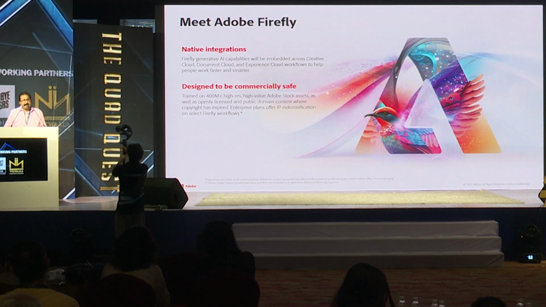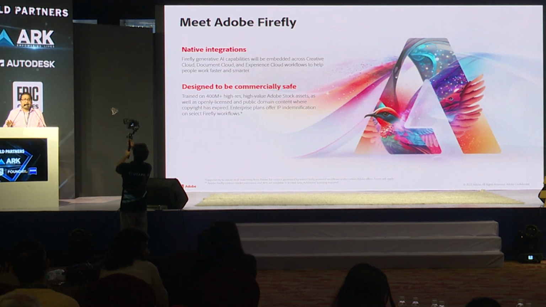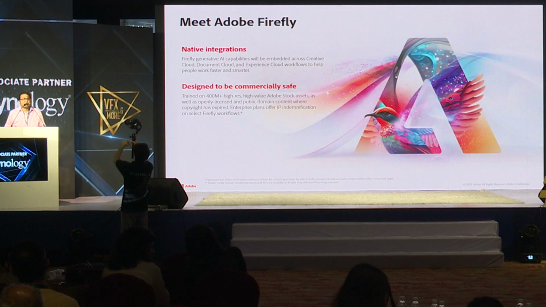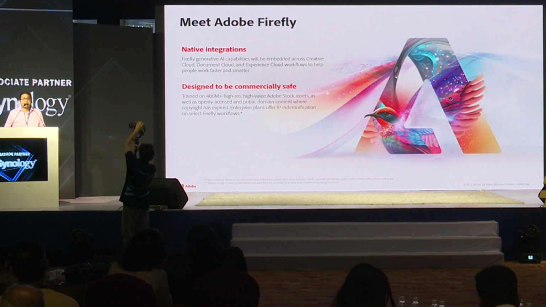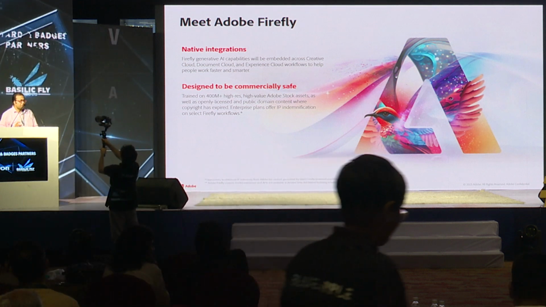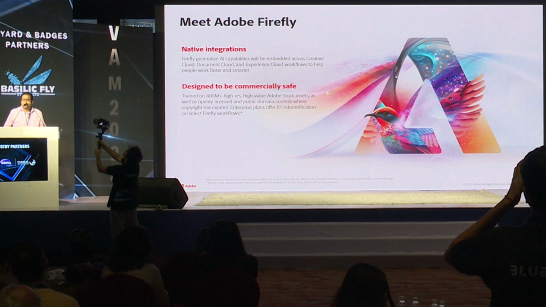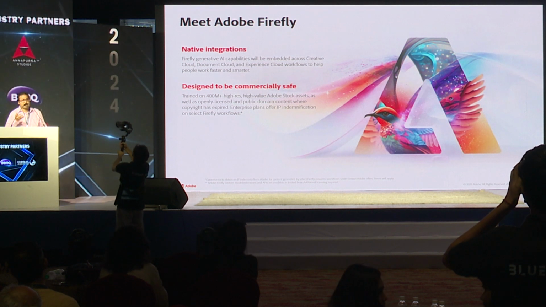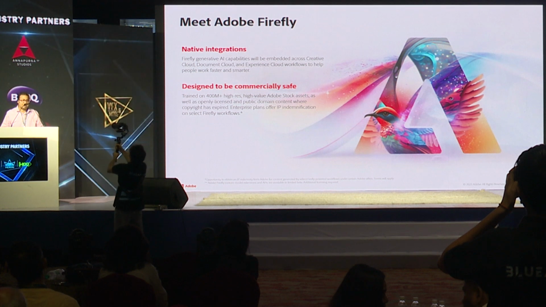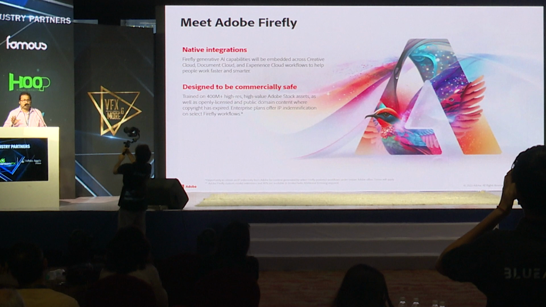So Firefly, unlike all the other generative AI technologies, the Firefly AI model is not trained on any data which is available on the internet. It is trained on the Adobe Stock data, which is 400 million plus assets. If you may not know, Adobe has a stock marketplace where you can purchase premium quality images, templates, videos, those kinds of things. So we have trained Adobe Firefly on our own data.